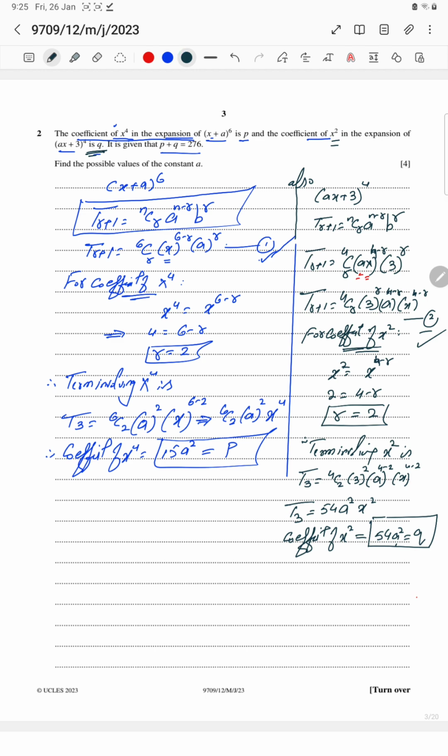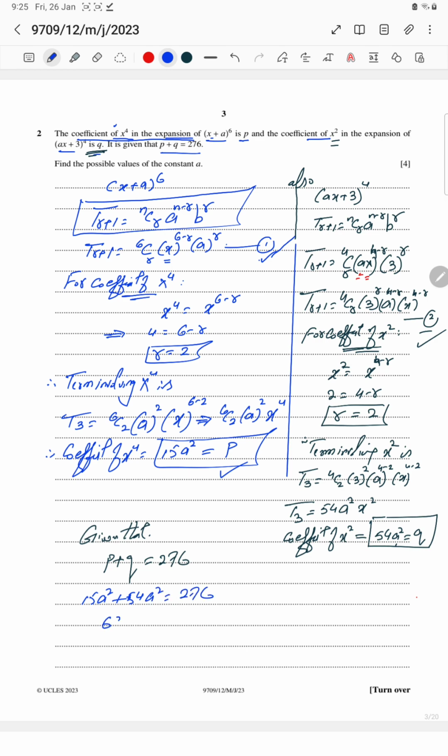Now it is also given that p plus q is equal to 276, and we have to find the value of a. So now replace the value of p and q here. P is from here, it was 15a square, and q is 54a square, that's equal to 276.